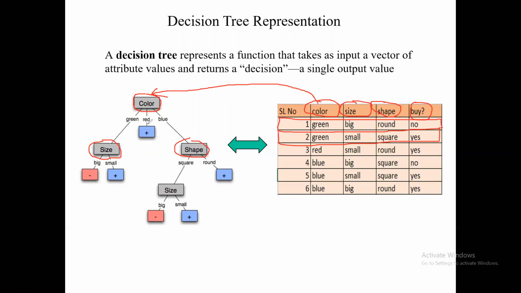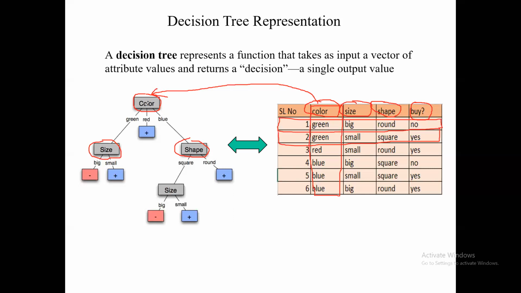Is it green, red, or blue? So we can also observe that each of the non-leaf nodes has a specific number of branches, and the number of branches depend on the number of classes the attribute has. So for example, this color attribute has 3 types of values, right? Green, red, and blue. So it has 3 corresponding branches.